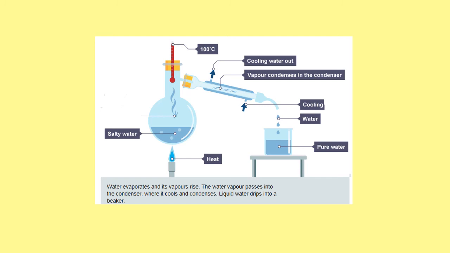So we've got cold water going in through this condenser, the water vapor, and you can see the water vapor condenses into liquid and it drips out.